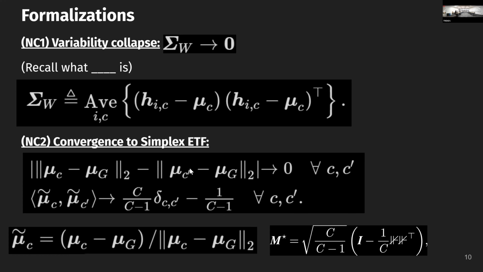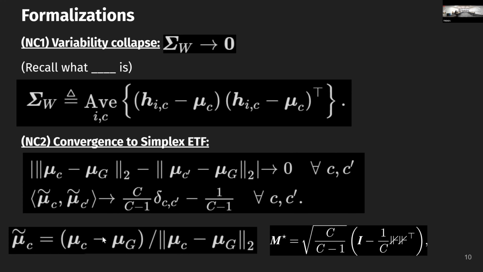Exactly. Right. So looking at this notation, I don't entirely know what it means. The mu with the tilde is the normalized class mean. So it's the normalized and centered class mean.